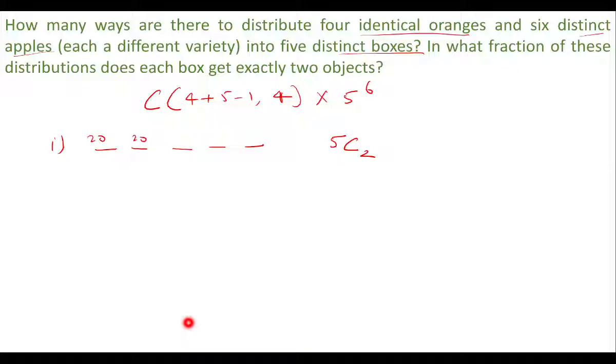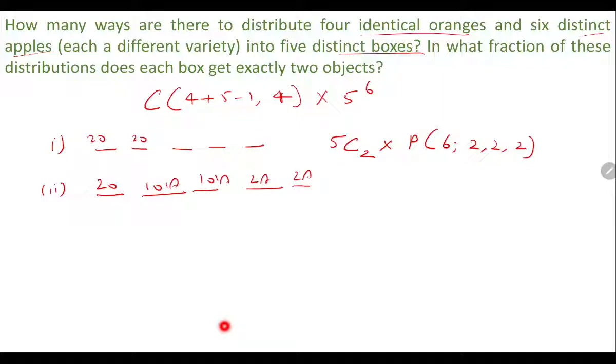All boxes are distinct, so out of the 5 boxes we must select 2 boxes which should have oranges, so that the remaining boxes have apples. Now all apples are distinct, which is a problem of arrangement. So total 6 apples are there, out of which 2, 2 and 2 go into the remaining 3 boxes.